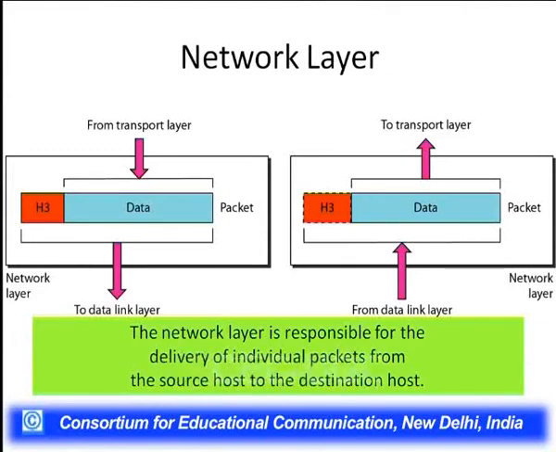At the receiving end, it takes in data from the data link layer and then transmits this data to the transport layer. The network layer at the receiver is going to remove the H3 header which was introduced by the network layer of the sender. It removes this header and passes on the data to the next higher layer, that is the transport layer.